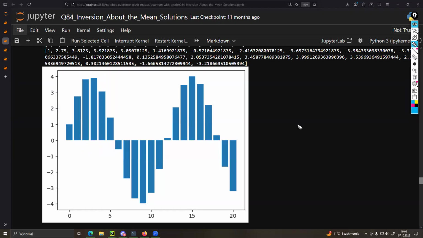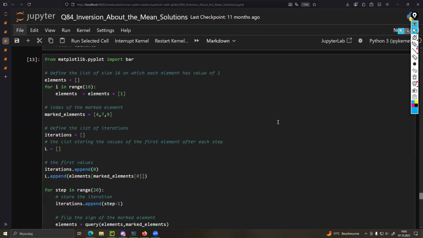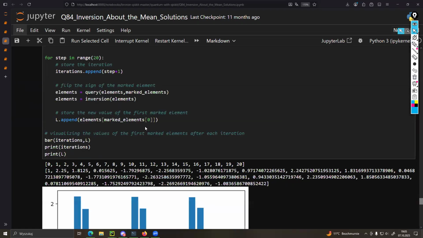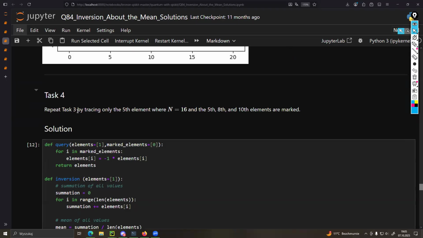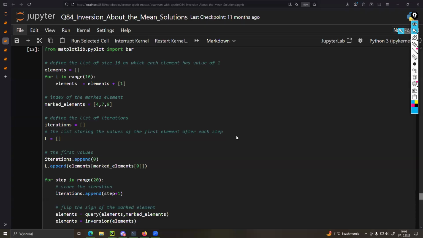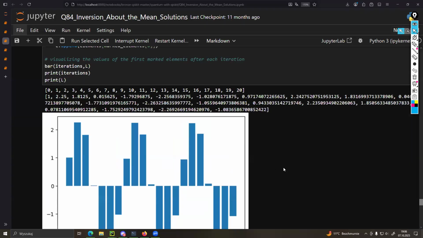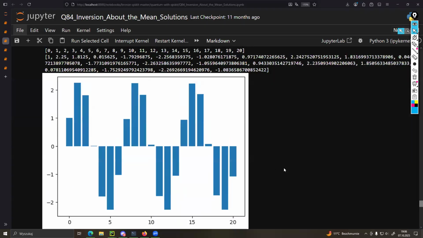So that's the case. Okay, so we could draw it for other cases. For example, here we have, let's say, the entire state space is 16, the same as the previous example. But now we mark 3 elements. So what happens when we are okay with having more than one element?